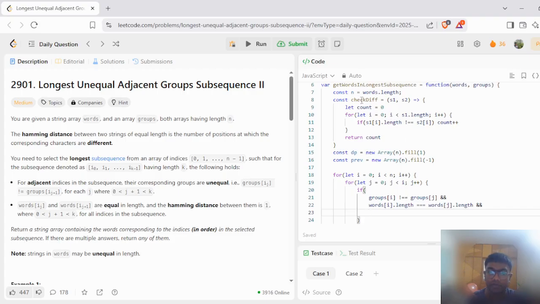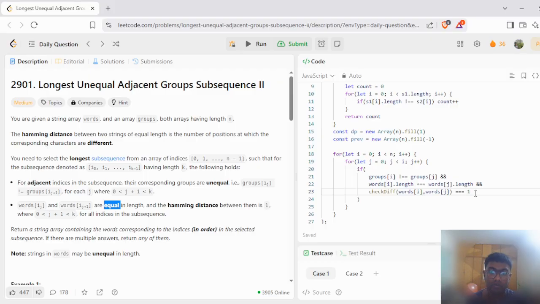And we check the difference of these two. Well, these are the three conditions that were listed here. So the two word strings at specific index should be of equal length, and the hamming distance, which is the number of characters difference between those two strings, should be 1.